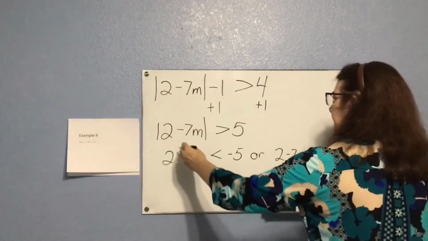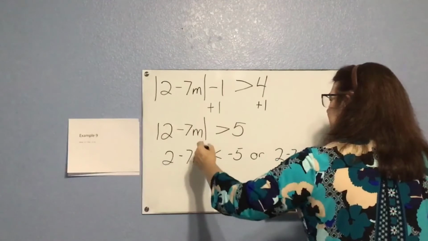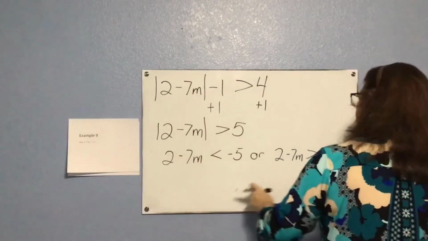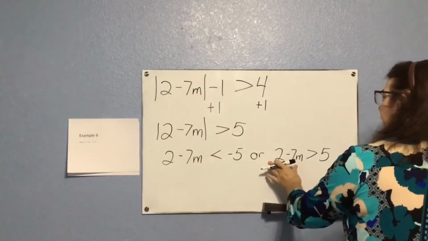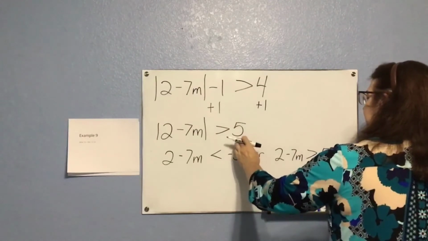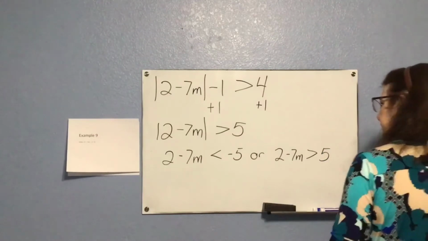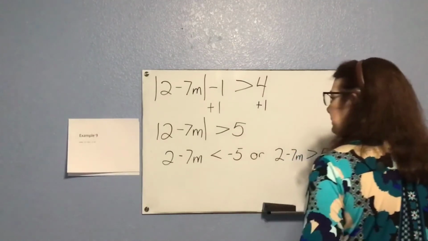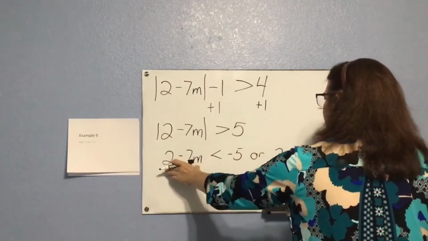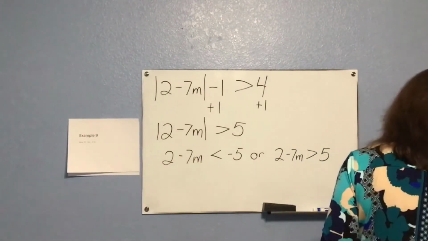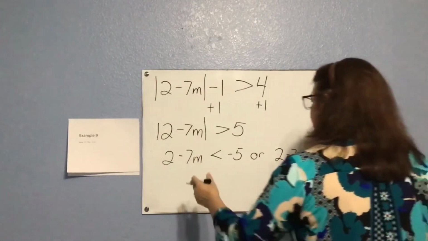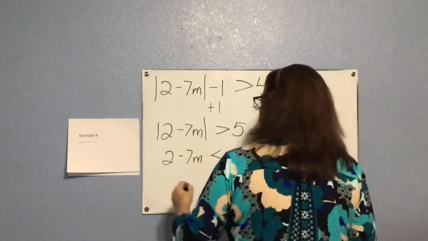Please notice that this part inside the absolute value I did not change. I changed the part that was out here by itself, the negative 5 from the 5. Okay, that's another common mistake, is to try to change this absolute value portion. Let's continue on and solve each of these parts separately.